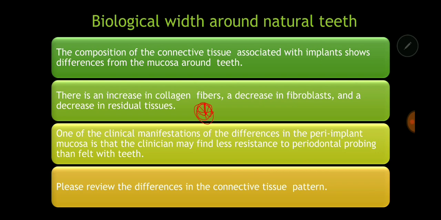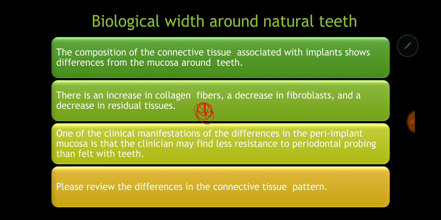When you're probing natural teeth or a natural sulcus, there's some resistance there, and that's because of the arrangement of the connective tissue fibers. However, around implants, usually they have deep probing depths because of the irregularities in connective tissue attachments, so there's less resistance in probing.